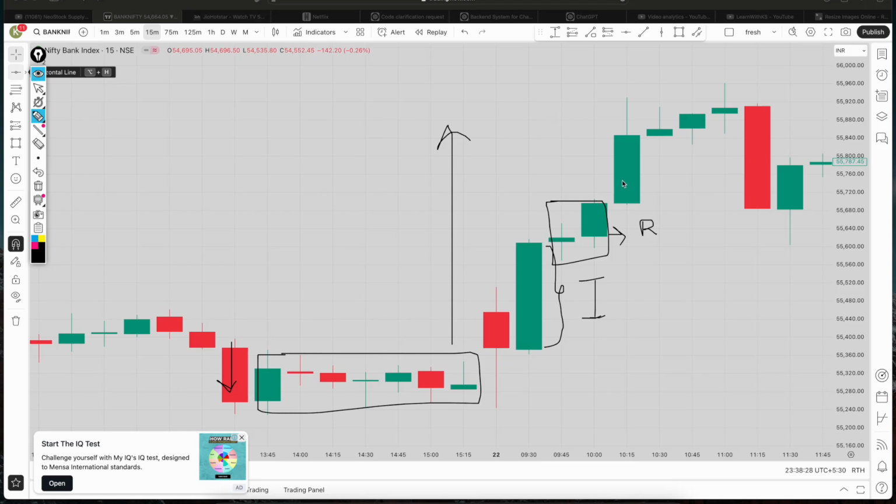And now we see a medium size candle. This medium size candle can be formed by either retailers or institutions. Sometimes, seeing the trend, and this concept is widely used by retailers, they know this is a big candle and from here a big move is expected.